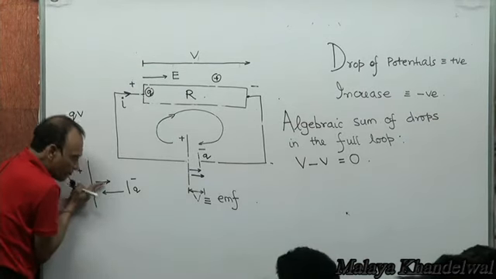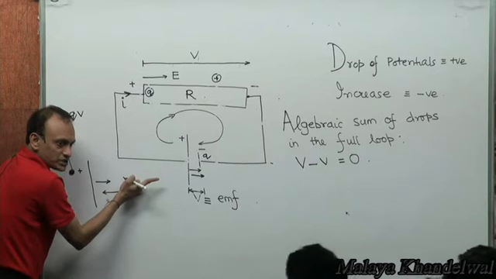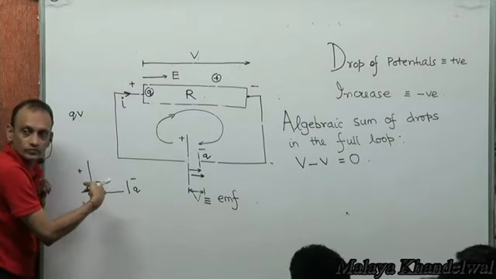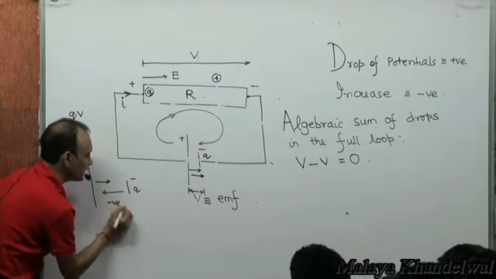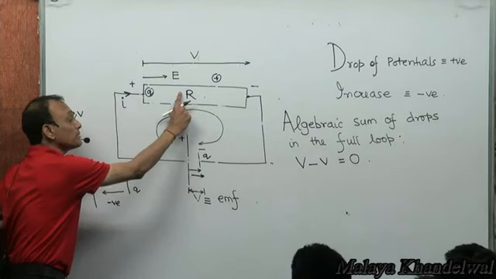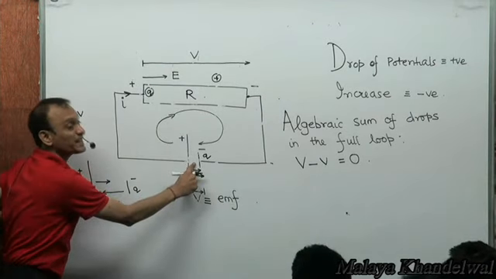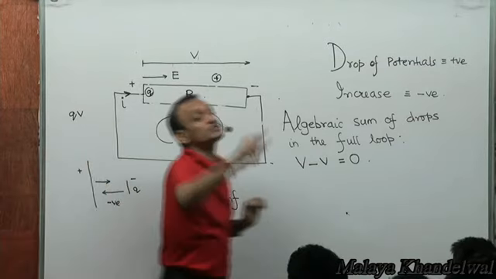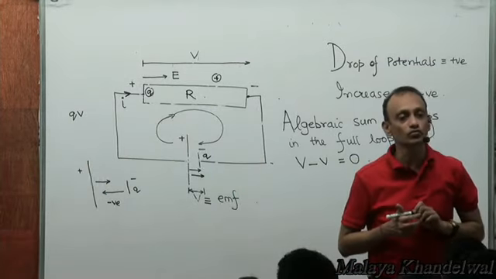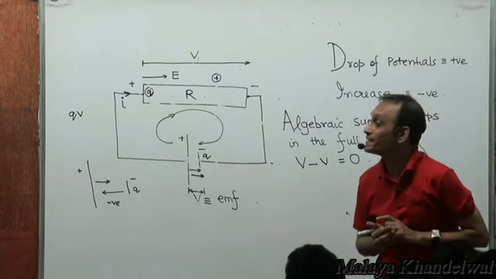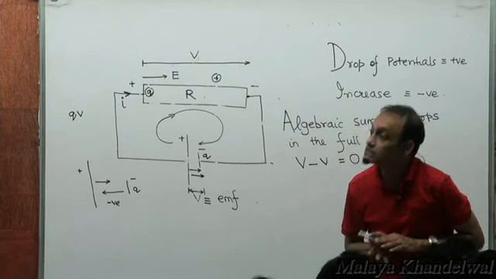It experiences a force because of the electric field in this direction, but it gets displaced in this direction. Yes or no? So the work done by the electric field will be negative, and the positive work done by the electric field balances the negative work done by the electric field here. The algebraic sum of the work done by the electric field is going to be 0.